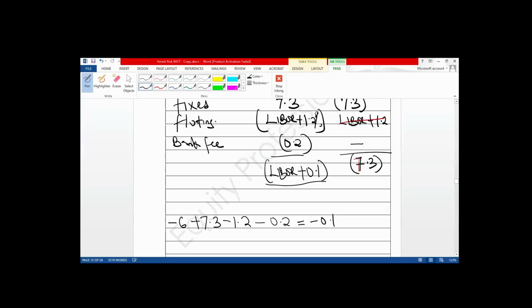What you are saying technically is that Jenista will pay 7.3 to Magda. Magda will continue to pay LIBOR plus 0.1. Now, to appreciate what has happened here, imagine there is no swap.